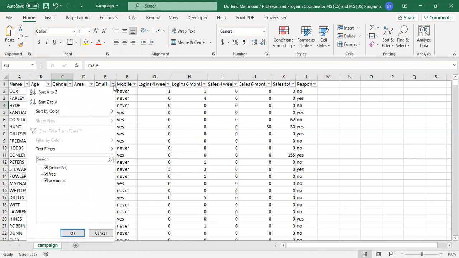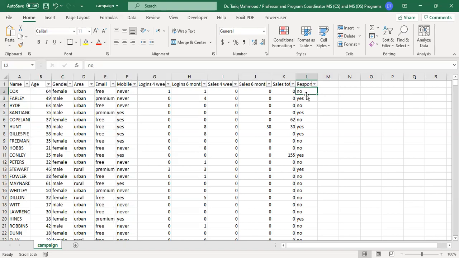We also record what type of email packages the customer has taken, because we actually want to gauge whether this person is going to respond or not. We want to understand which type of customers are responding yes and which type of customers are responding no. That's what we want to understand.